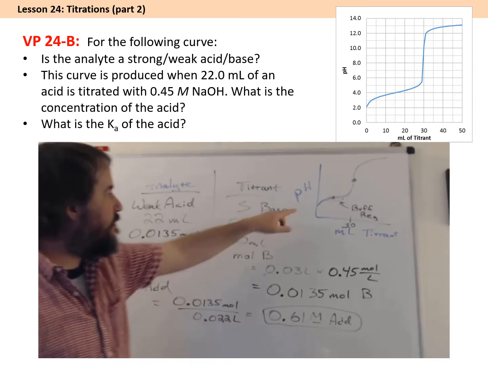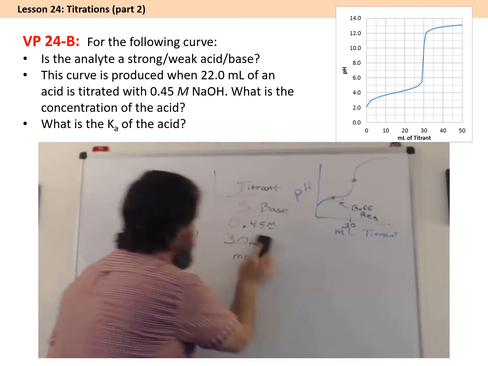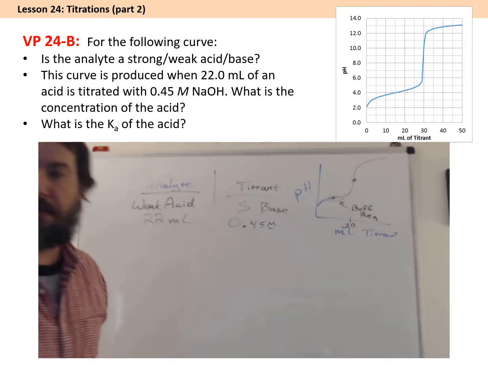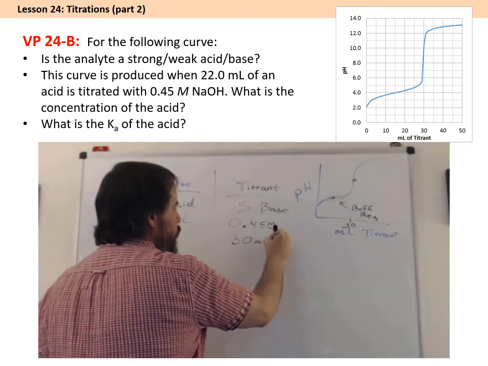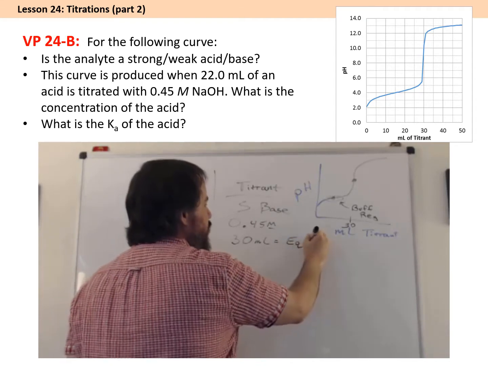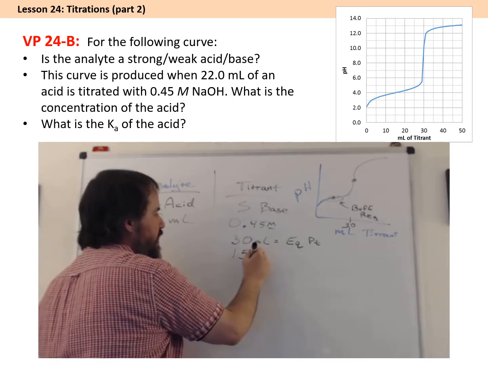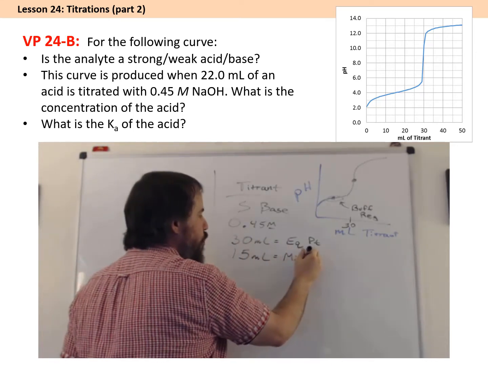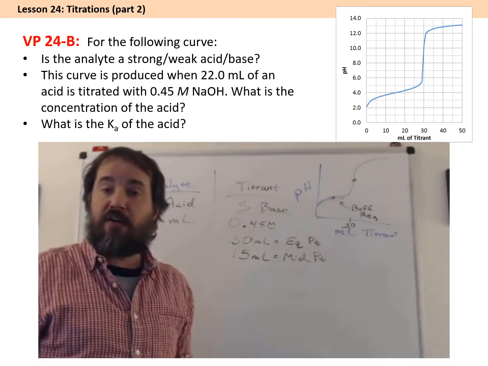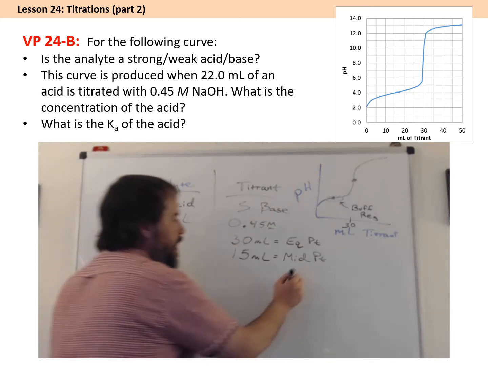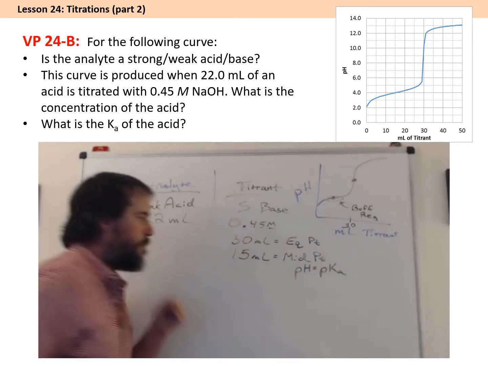There's one other piece of information we can get from this chart, and that is by looking at this buffer region. Okay? So notice that my equivalence point was at 30 mLs. Well, halfway to that, so 15 mLs, I'm at my midpoint. Okay? And at that midpoint, which is in the middle of the buffer region, this is the place where pH equals pKa.